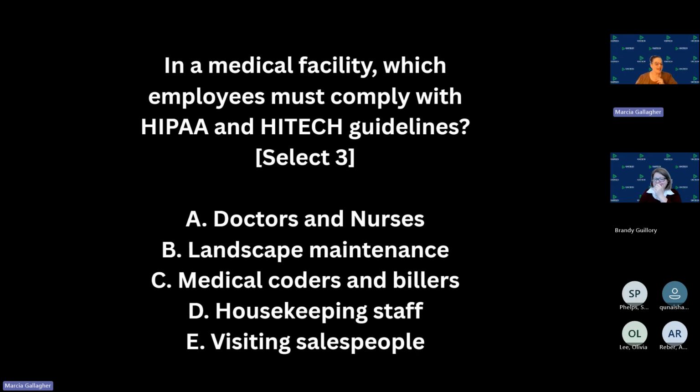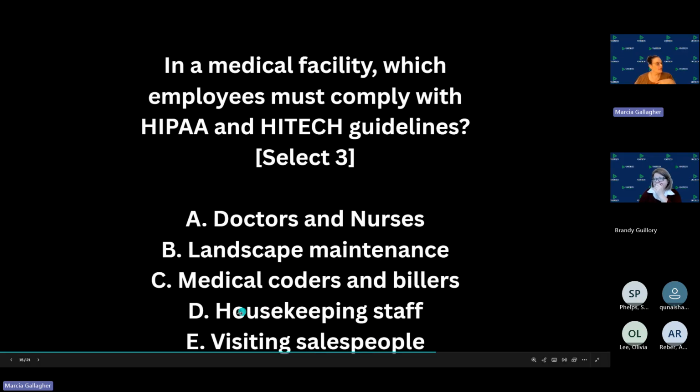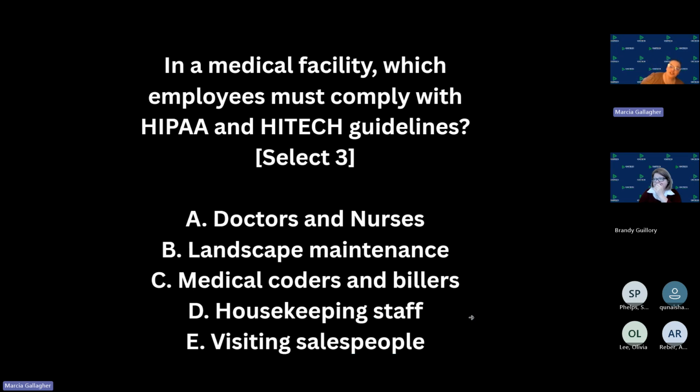A, C, and D. Doctors and nurses, because they're viewing the medical records. Medical billers and coders, they're going to be able to get into medical records. Housekeeping staff, they're emptying the trash, dusting, vacuuming. Miss Brandy and I used to work at a medical billing and coding facility together, and we had the most amazing young lady who used to come and clean for us.